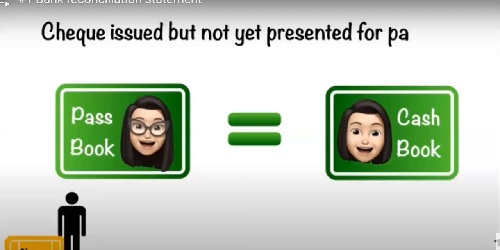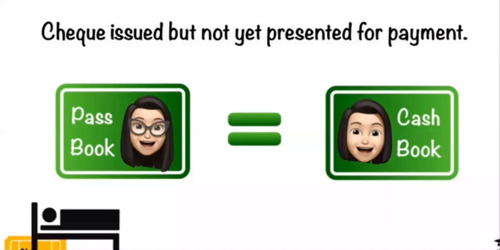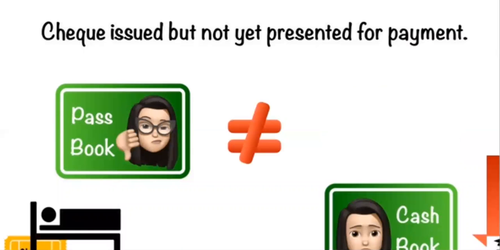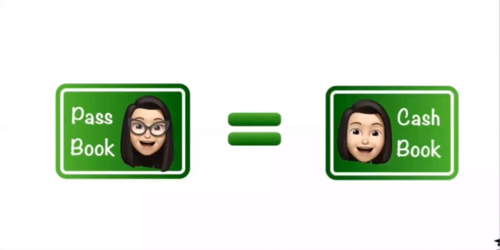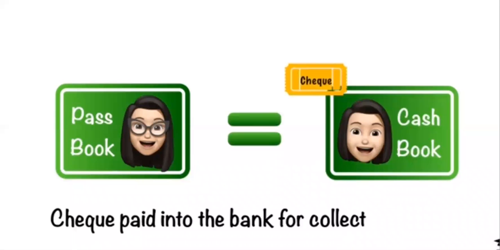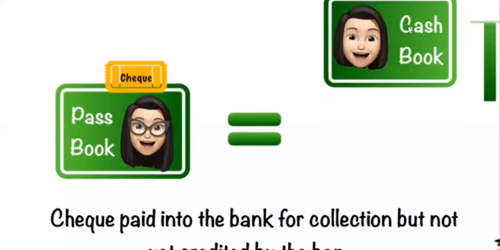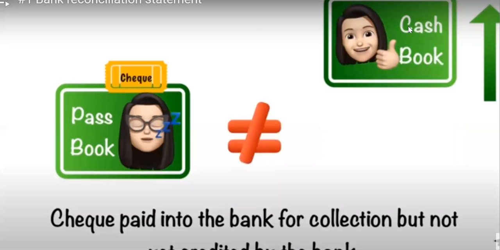To avoid this kind of fluctuation, we need to prepare the BRS. The next character: the check paid into bank for collection but not yet credited by the bank.